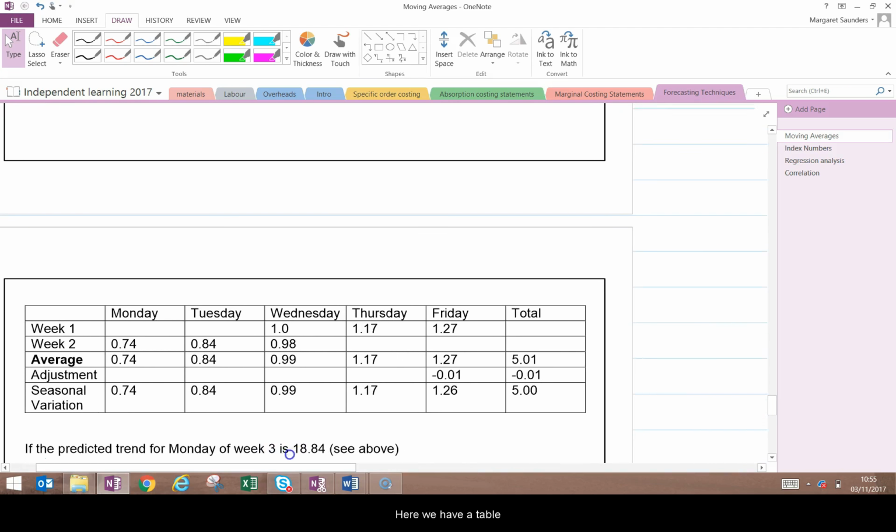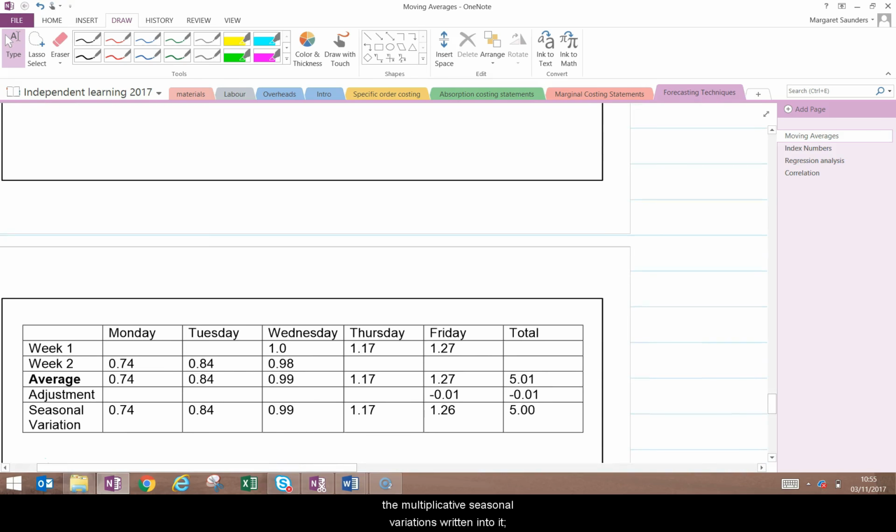So here we have a table with the multiplicative seasonal variations written into it. So same layout, column for each time period. So our first seasonal variation for Wednesday was 1. For Thursday, 1.17, Friday, 1.27, the following week, Monday, Tuesday, Wednesday.